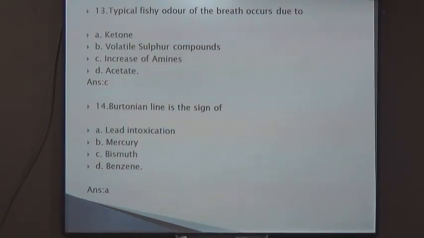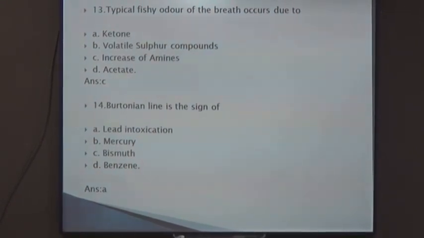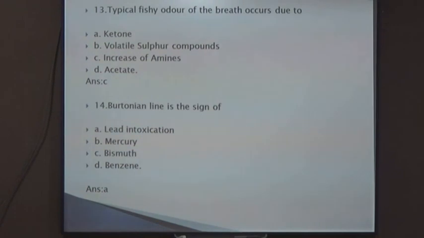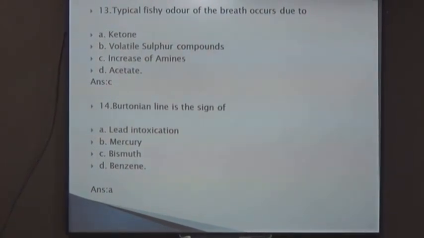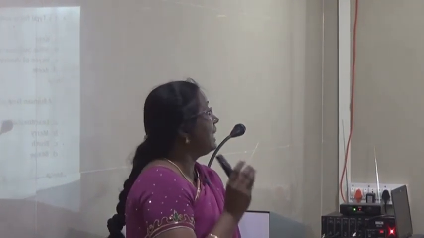Typical fishy odor of the breath occurs due to increase of amines. Ketone will give a fruity smell and volatile sulfur will give that rotten egg smell. Acetate also gives an offensive smell, it will come, but whereas fishy odor will come mainly in increase of amines, and usually this fishy smell will come for kidney failure patients.